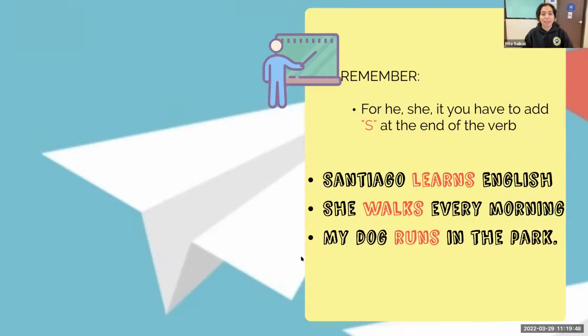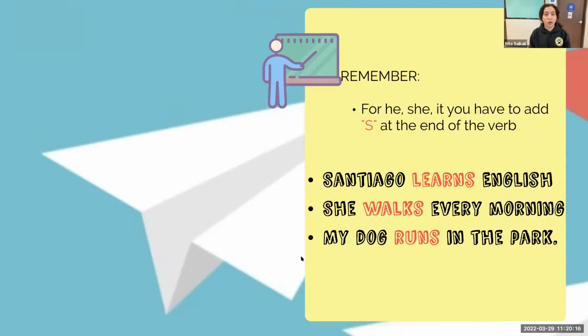Because for us in English, the only third person singular is he, she, it. Everything else does not get an S. So una vez en español, si es la tercera persona singular, so he, she, or it, nos ponemos un S al fin del verbo.